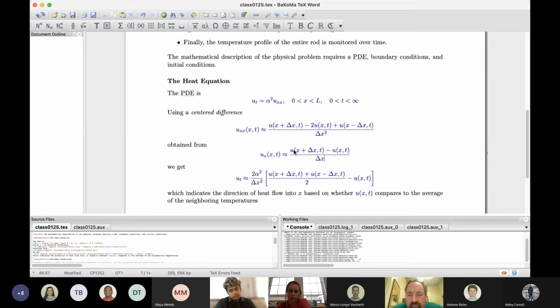So here we have what's referred to as a forward difference because it's x plus delta x and x that we're using to estimate the derivative. But we also have, if we just replace delta x with minus delta x, a backward difference.